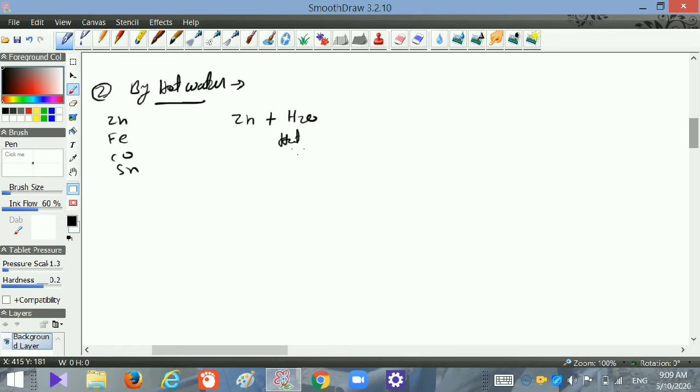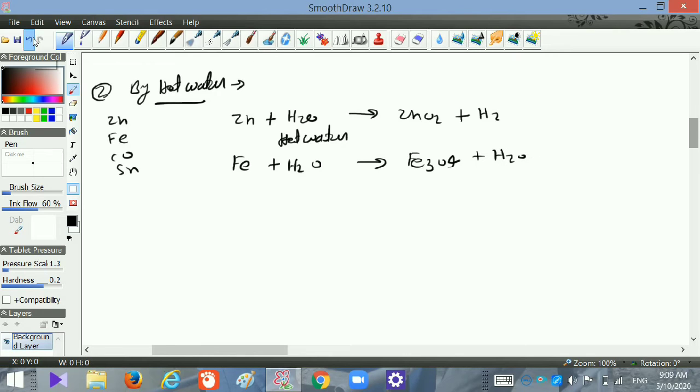means hot water, they form oxide and hydrogen gas. In the same way, when Fe reacts with hot water, it also forms Fe3O4 iron oxide and hydrogen gas.